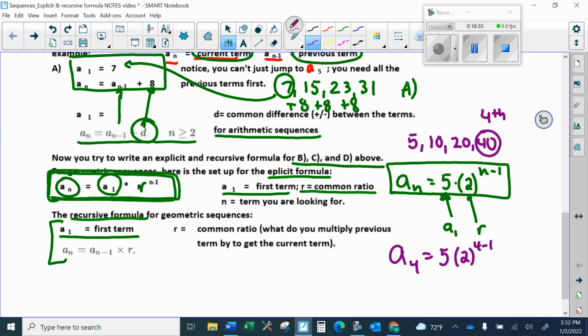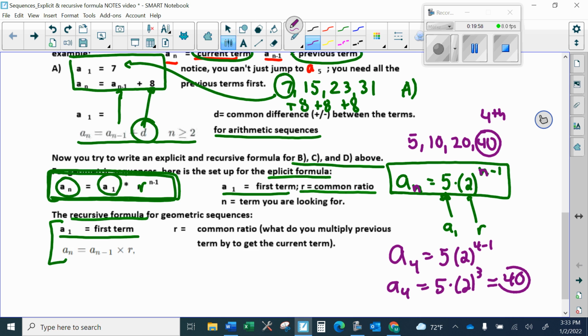N is that same term I'm looking for. I'm just filling in 4 there because I want the fourth term. So 4 minus 1 is 3. What is 2 cubed? 2 cubed is 8. What is 8 times 5?